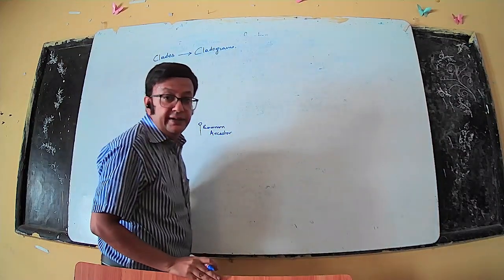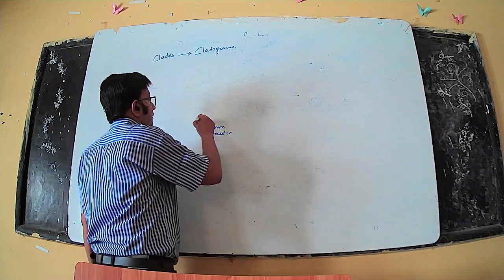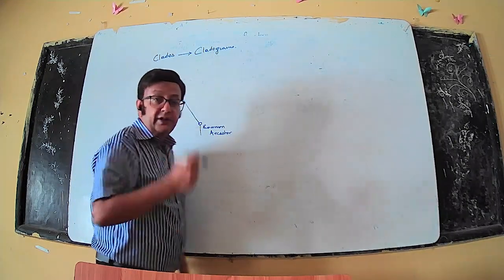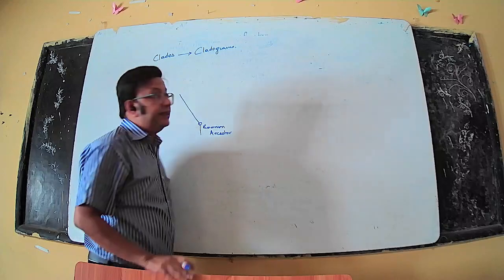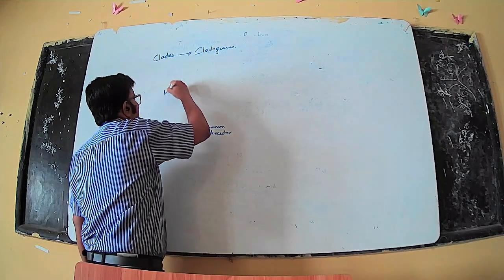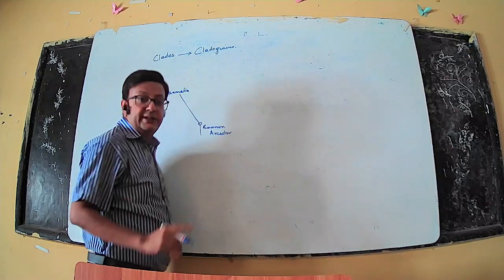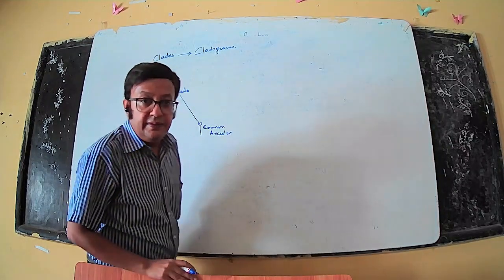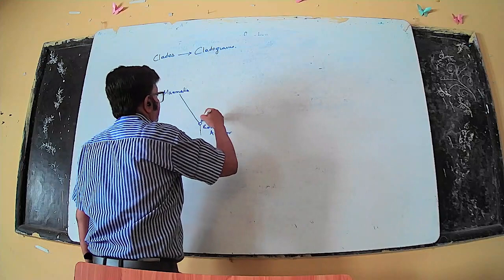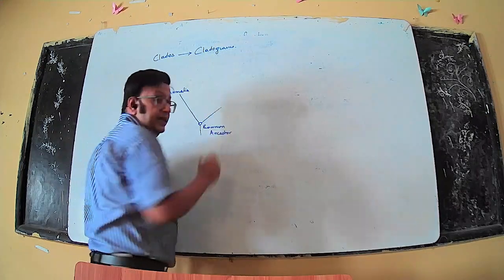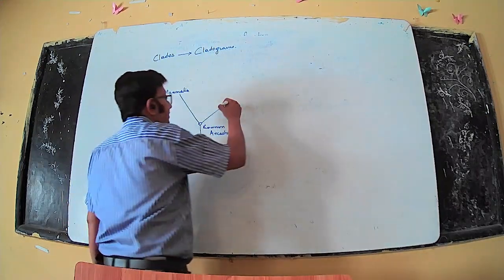From there, one group, on the basis of fossils and advanced characters, you have mammalia or mammals. Then it has diverged.